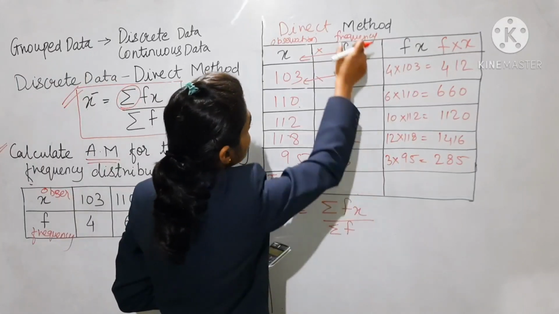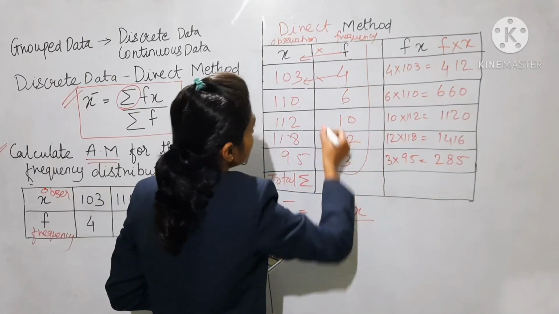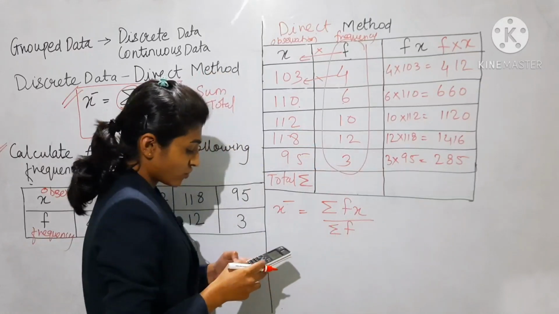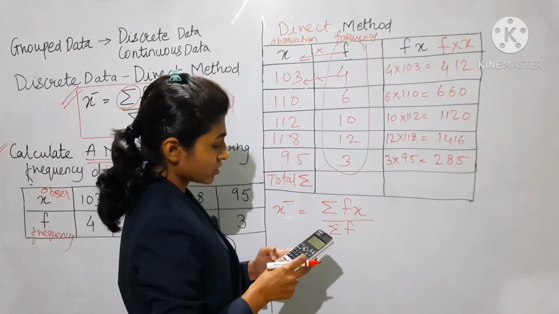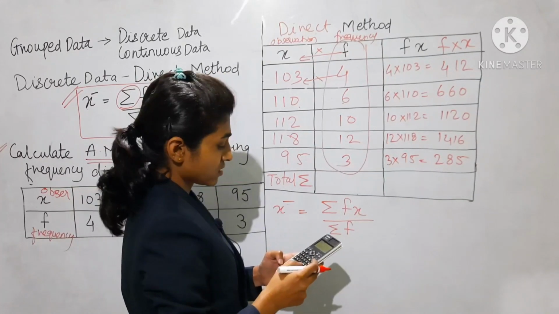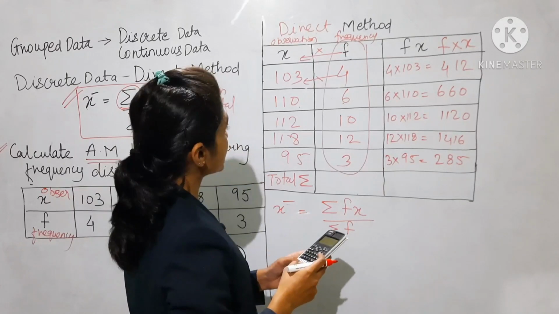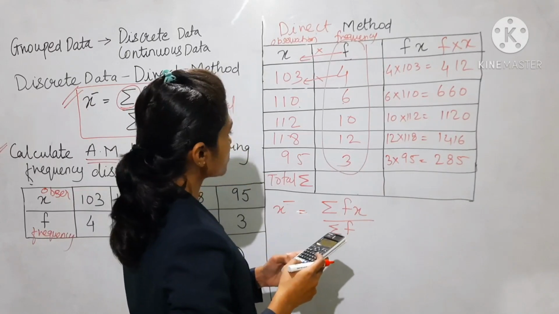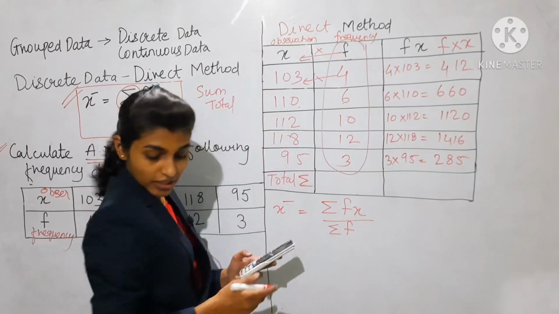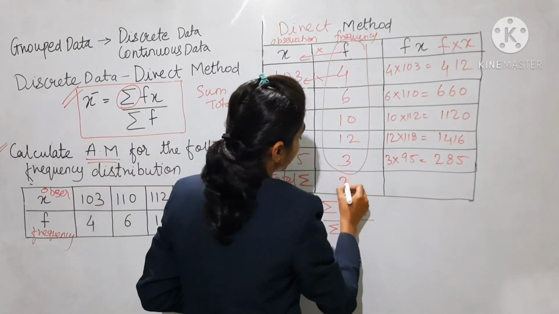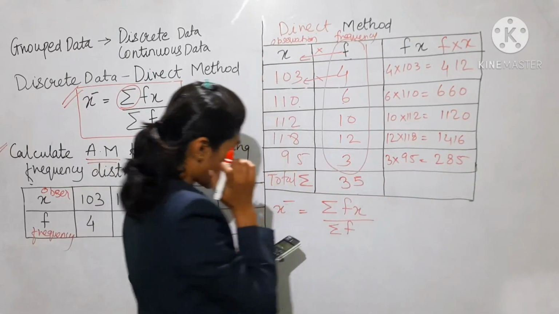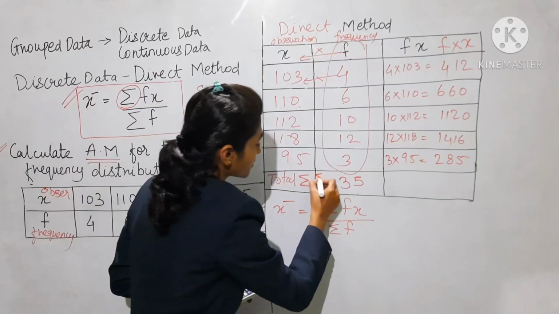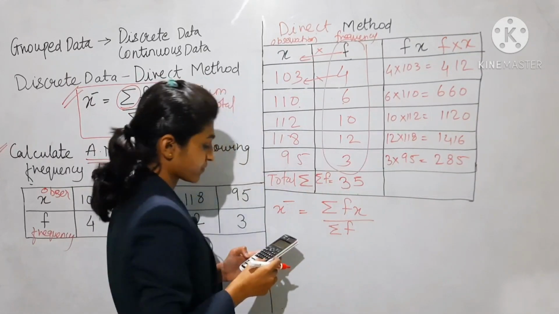Summation of f means the total of this column. So 4 plus 6 plus 10 plus 12 plus 3, 35. 35 is the summation of f.